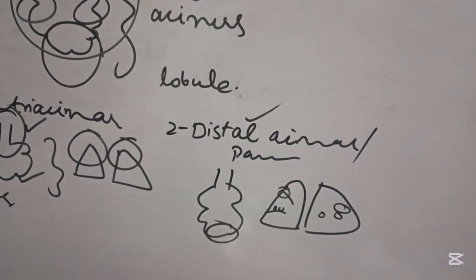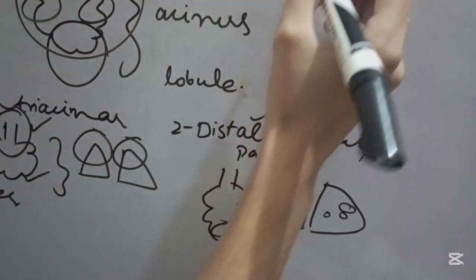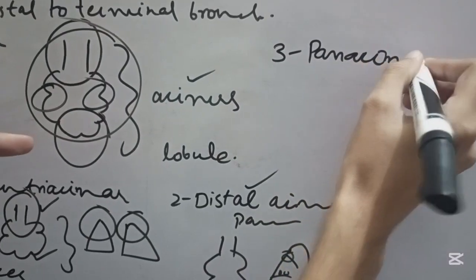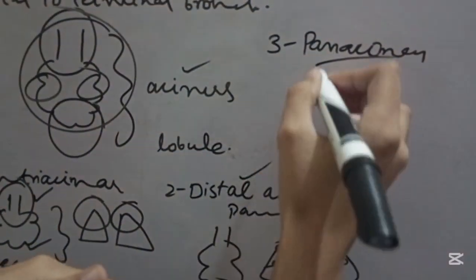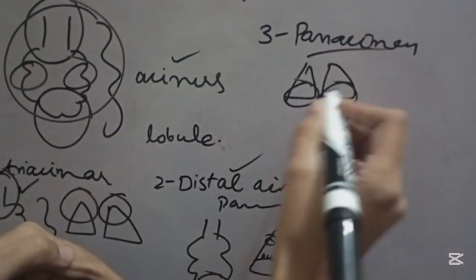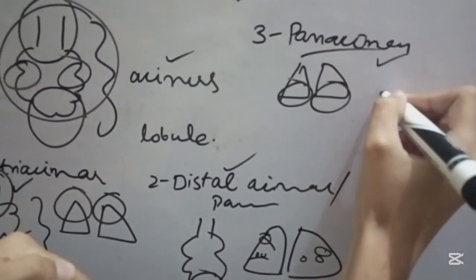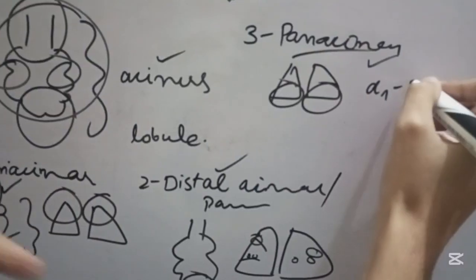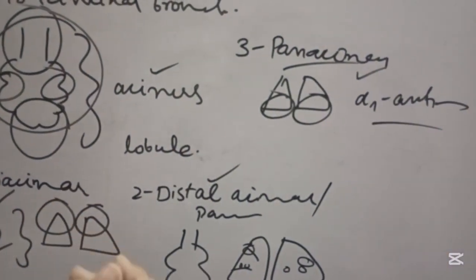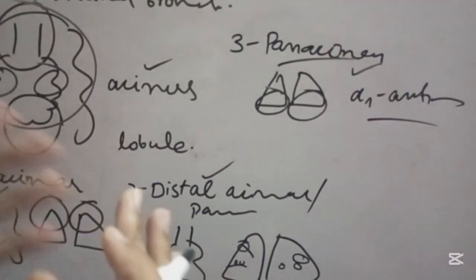Okay, so next we move towards our third type, that is Panacinar emphysema. In Panacinar emphysema, if these are the lungs, then the lower lobes are involved, and it most commonly occurs in patients with alpha-1 antitrypsin deficiency. And the last type is irregular emphysema.